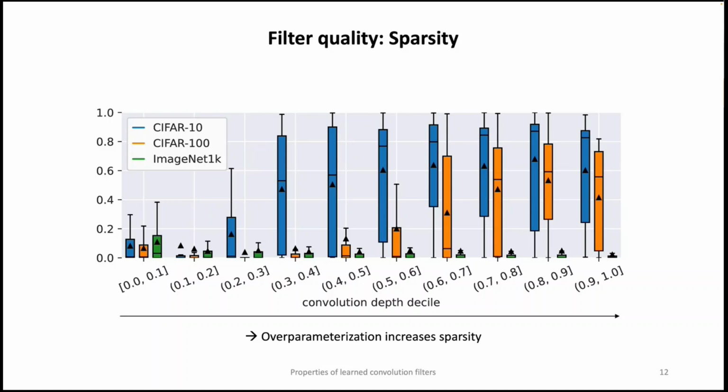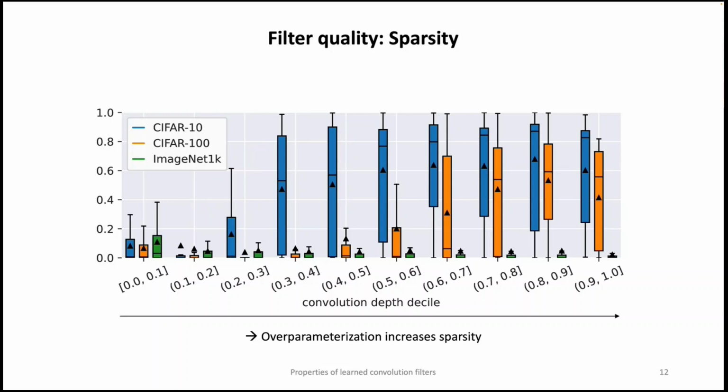And if we look at the sparsity throughout the depth of the model, we see that it stays almost 0 for ImageNet throughout the entirety of the depth. But if we look at CIFAR10, we see that roughly after 20% of the model depth, that sparsity explodes. And basically, the layers don't really learn anything, except for very few filters in that layer.